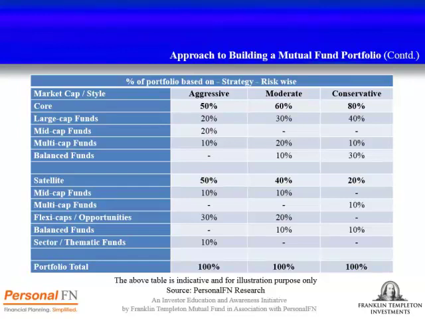On the other hand, an aggressive investor would be ready to take high risk for high growth and maintain relatively high exposure to satellite holdings that can bring him extraordinary gains. And as we said earlier, investors with moderate risk appetite would maintain a decent balance between stability and growth as per their risk tolerance.